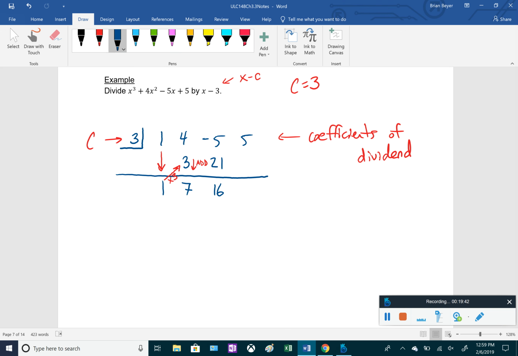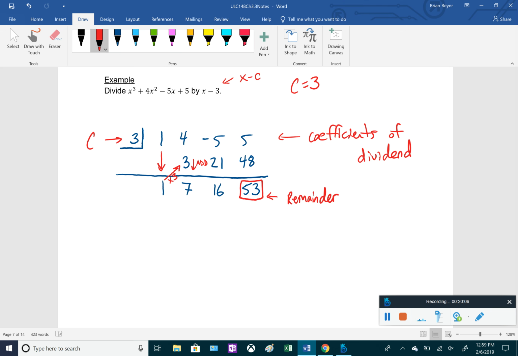And then again, 3 times 16 is 48. And we add down and get 53. So it's a lot of just multiplying, adding down, multiplying, adding down. So this last number right here is always going to be the remainder.